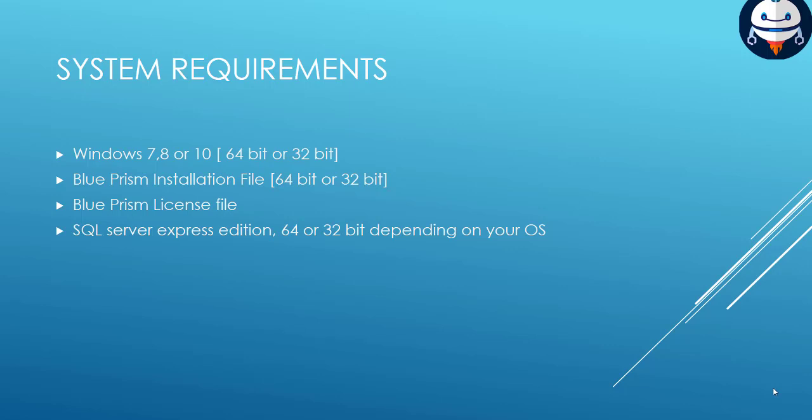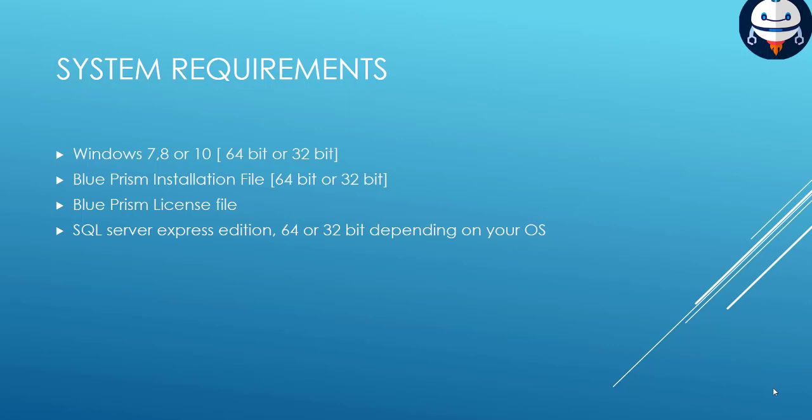You can request the Blue Prism software from Blue Prism directly and they may help you with the installation file for a trial version of 15 or 30 days. The next thing you require is the Blue Prism license file, which would be used for licensing the software, and after that only you will be able to use it.